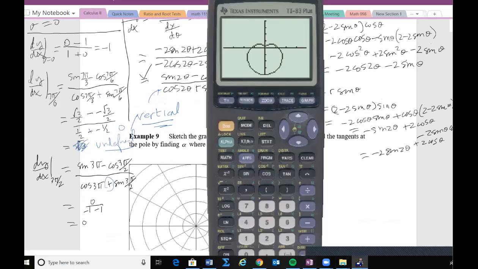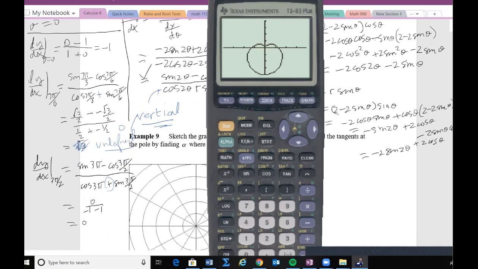At theta equals 0, the line's over here. The slope was -1. That looks like it could be right. A tangent coming through there with a slope -1. At 7 pi over 6, that's someplace over here. It could be right there where it looks like it goes vertical. Okay, so it is consistent with what we're seeing on this graph.